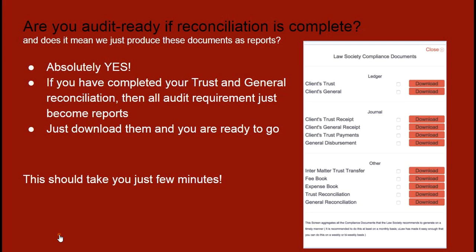As I mentioned earlier, once you've reconciled, then generating the Law Society's compliance documents, such as the trust ledger, general ledger, trust receipt, trust payments, even your expense and fee book, become that much simpler and faster.